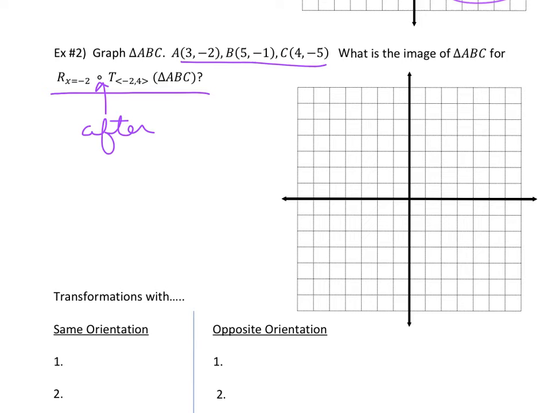We start with 3, -2. So this is A. B is 5, -1. And C is 4, -5. Okay, so this should be your starting triangle. What do you do first? Where do you go?